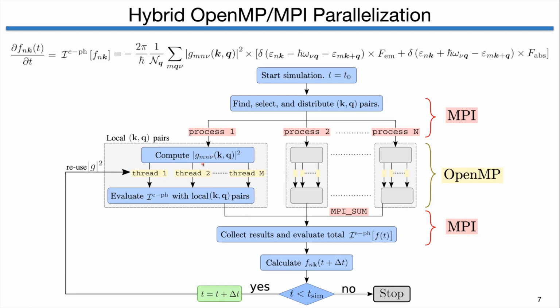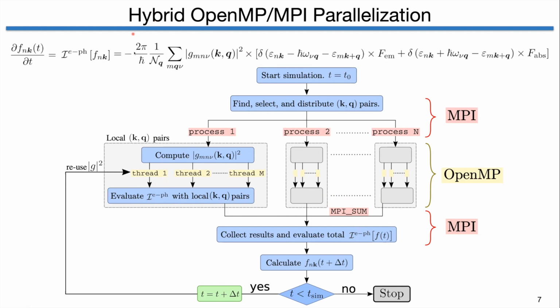So when we will be computing, first of all, these electron-phonon matrix elements, we will be doing that also using the OpenMP parallelization. So once we evaluated the scattering integral for a fixed pool, we will then assemble the results over different MPI tasks to compute the total electron-phonon integral.